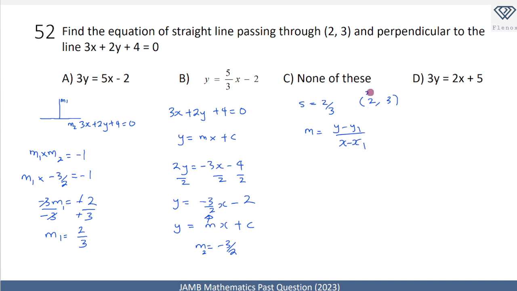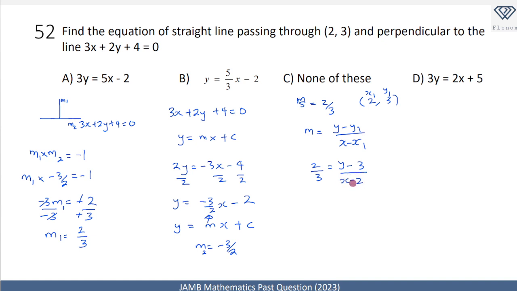So we can call this x1 and this y1, and our slope m is 2/3. So we can substitute that here: 2/3 equals (y minus 3) over (x minus 2).